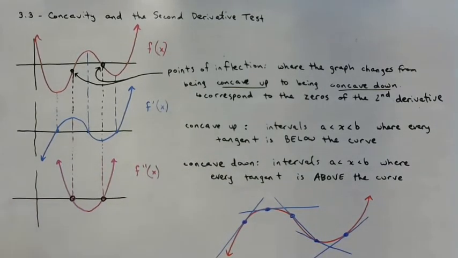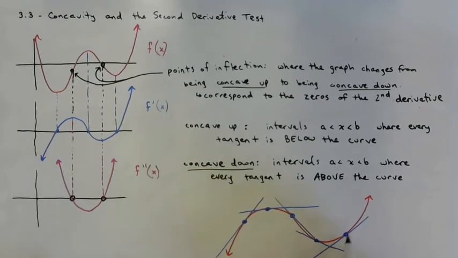You can see on this part of the curve, all of the tangents are above the curve. They never come down here below the curve. So this part of my red function, my original function, is concave down. Over here, the tangent lines are below the curve. So this is concave up.